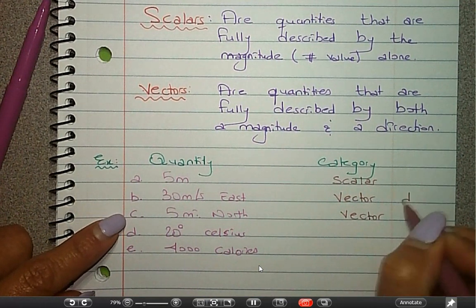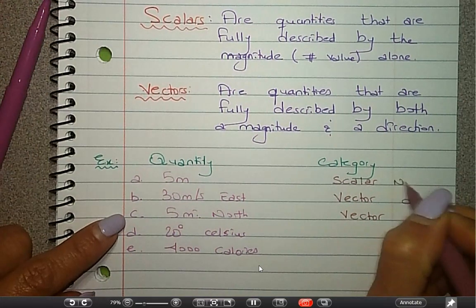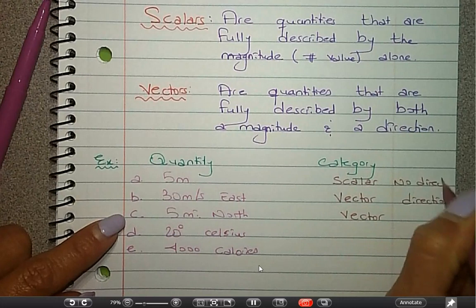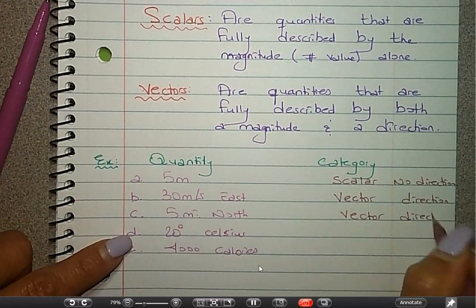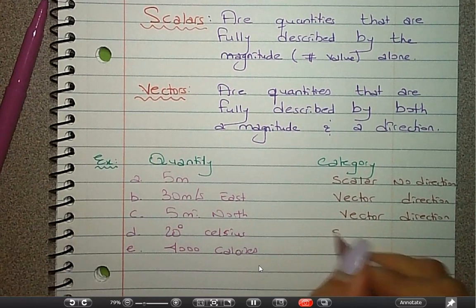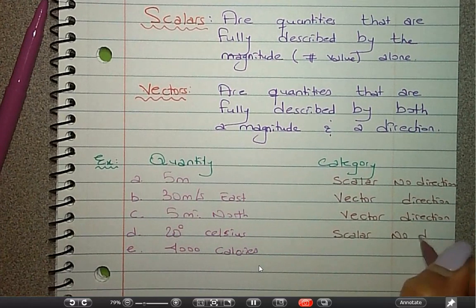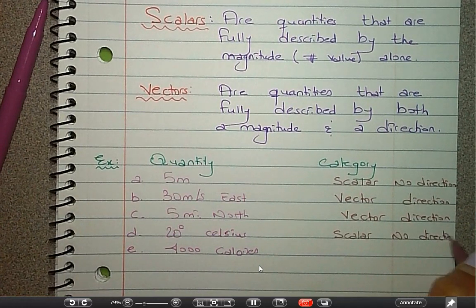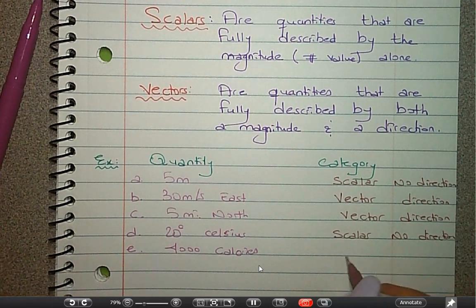So here, let's write this because there is a direction here. Scalar because no direction. Vector because I have a direction. Celsius is a scalar. And the reason why, because there is no direction. 4,000 calories.